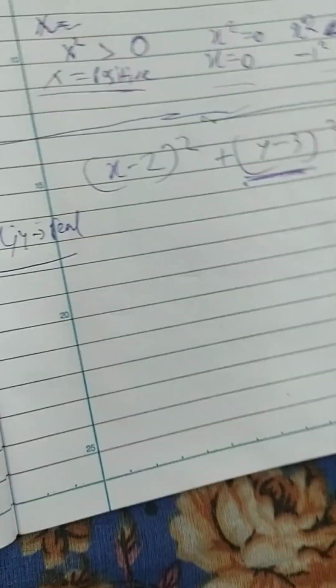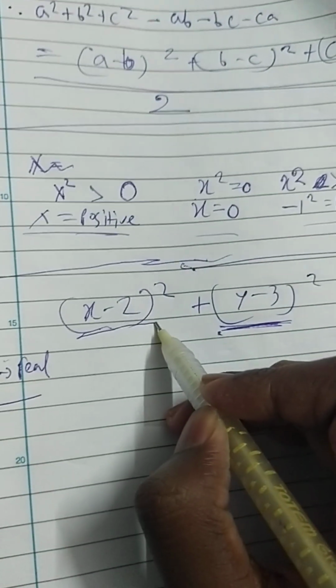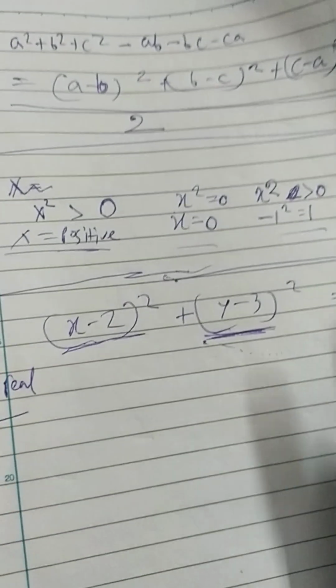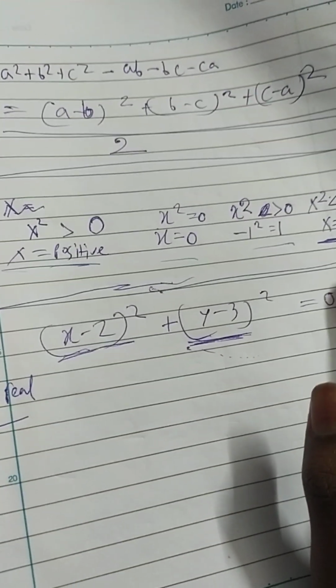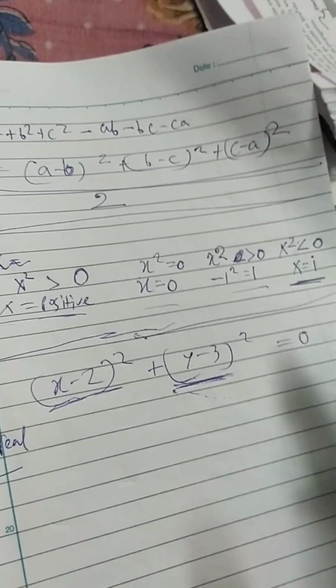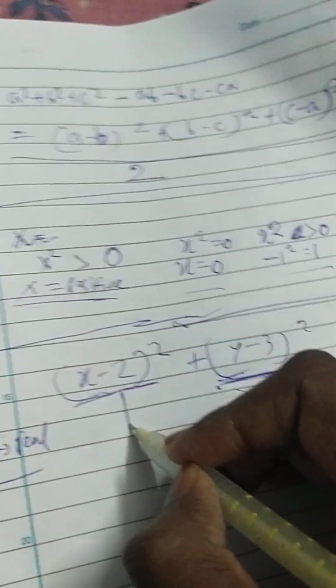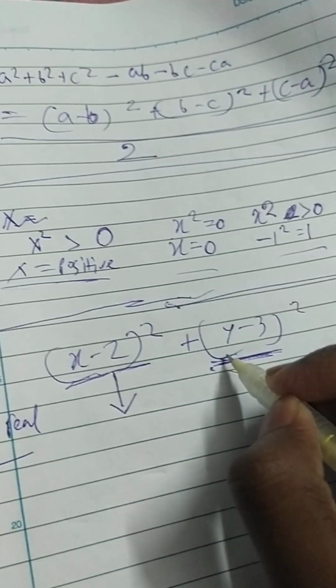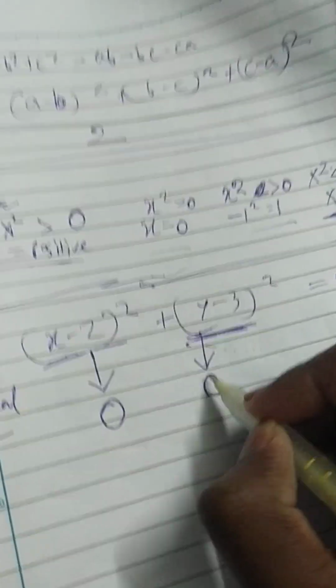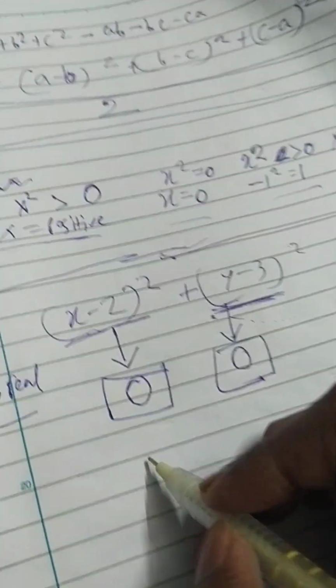So if x, y are real, then in every case any square value will always be 0 or greater than 0. So in this case what we need to do is make both these expressions equal to 0, because we cannot make one negative. So we have to make both of these 0.